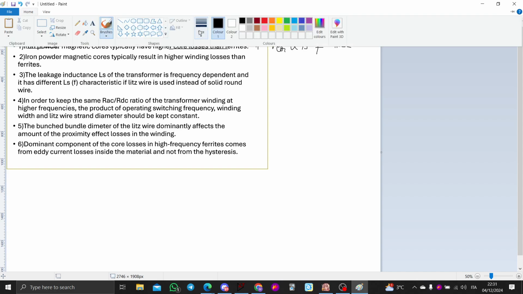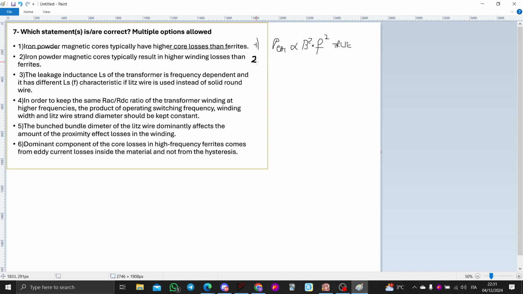Okay, second: the iron powder cores have higher winding losses than ferrites. Okay, this is not true, because the losses on the wire, P wire, are basically equal to I squared times RAC, and they depend on the wire, not on the core.